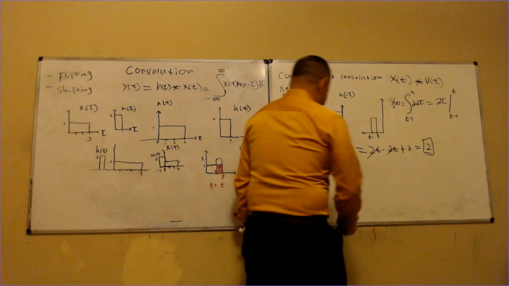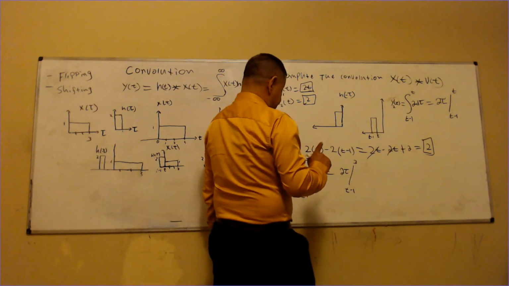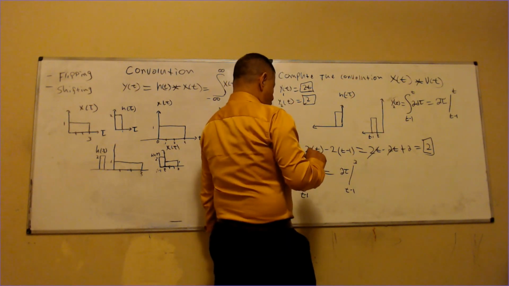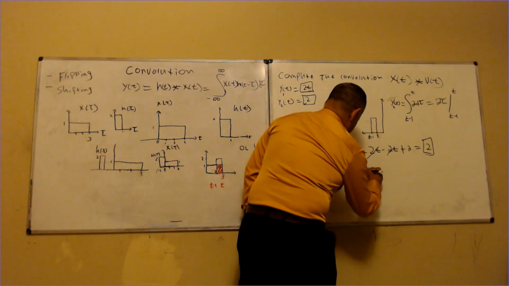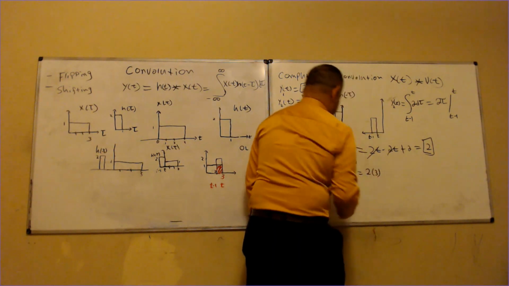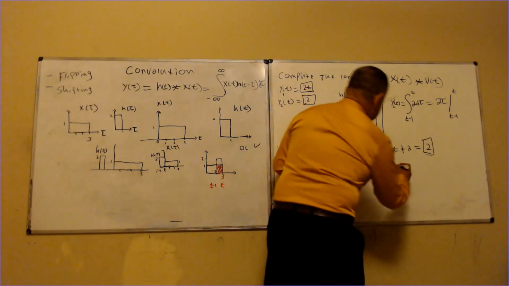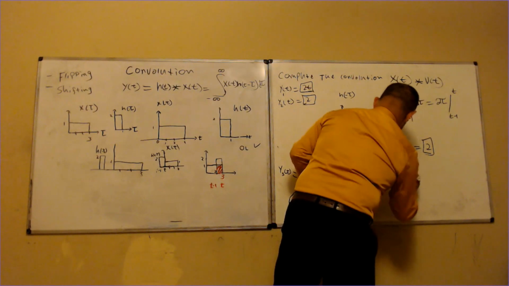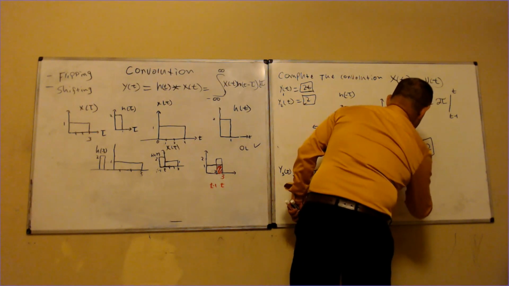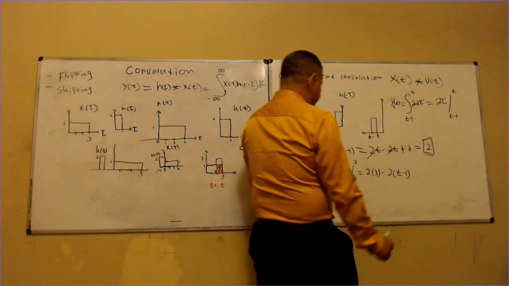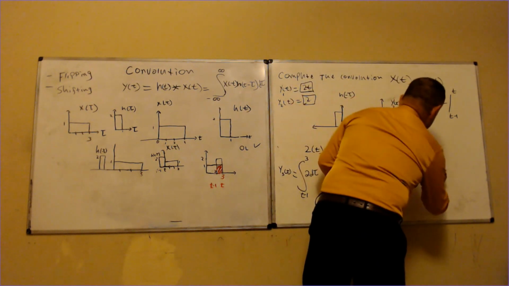When we do that, this is going to be 2 times 3, minus 2 times t minus 1. When I do the math on that, it's going to be 6 minus 2t.